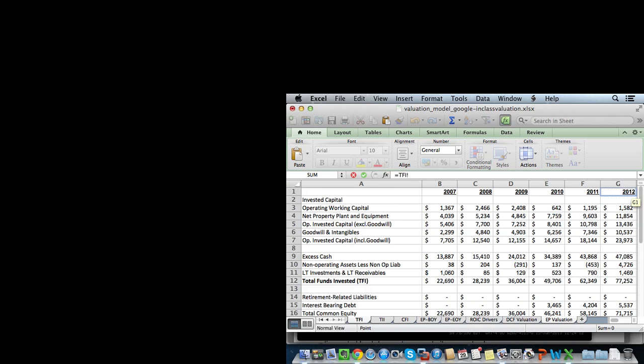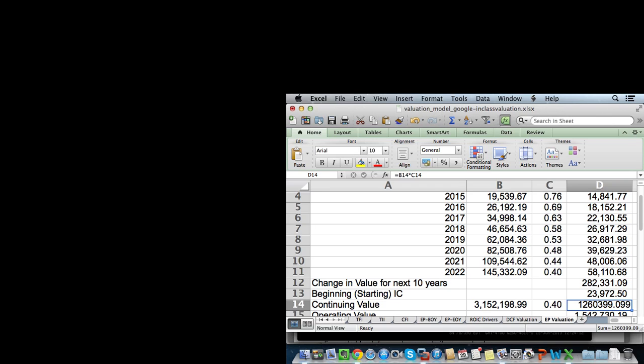It's our 2012 operating invested capital in goodwill, so 23 billion. So given this forecast, we start with 23.9 billion of invested capital, and based on running our operations, we add that much to it in present value over the next decade because we're earning a positive spread. So we're adding value to what we've started with. That's the way the economic profit model works.